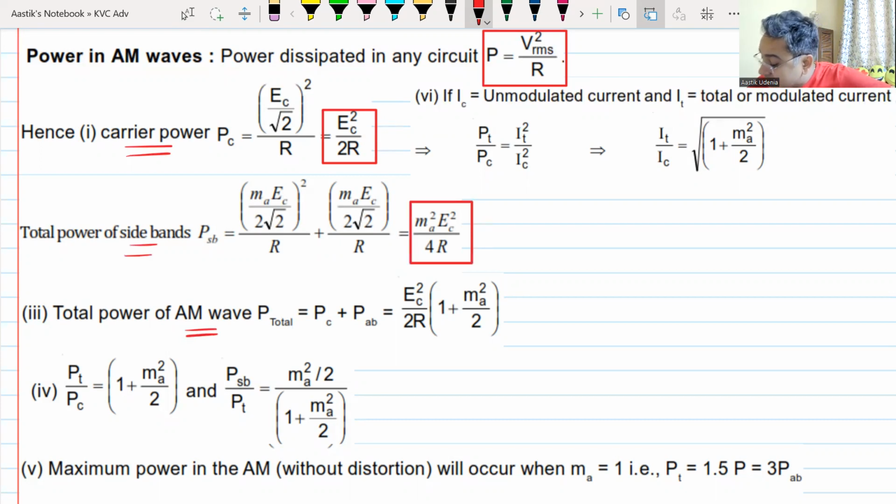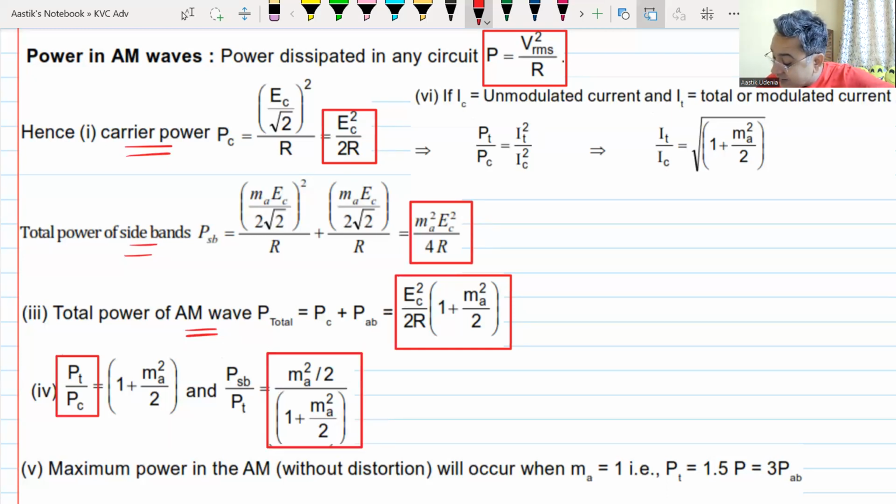Total power will be given by this formula, carrier plus sidebands. The ratio of total power to carrier power will come like this. So you will have to remember all this. There is nothing I can do about it. Just note down these formulae, and if they come, you'll have to put these formulas. I'll give you a minute to note this down.